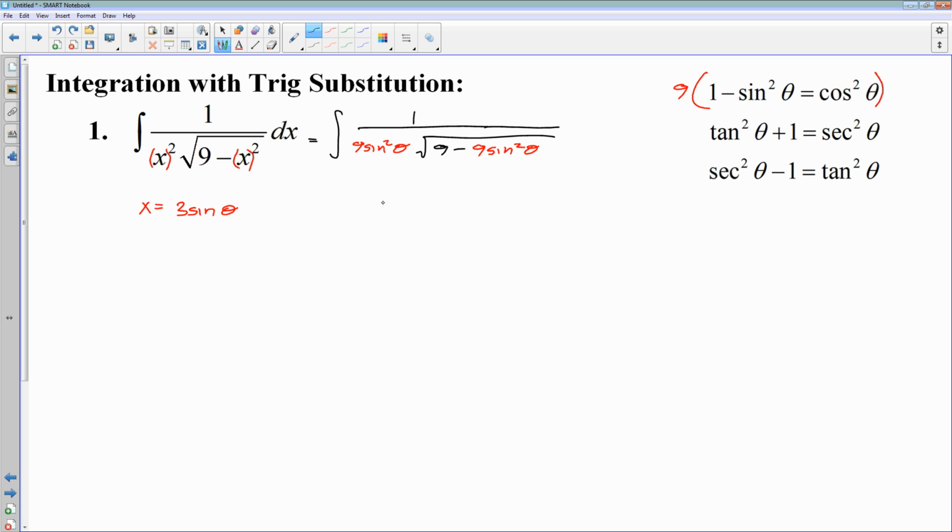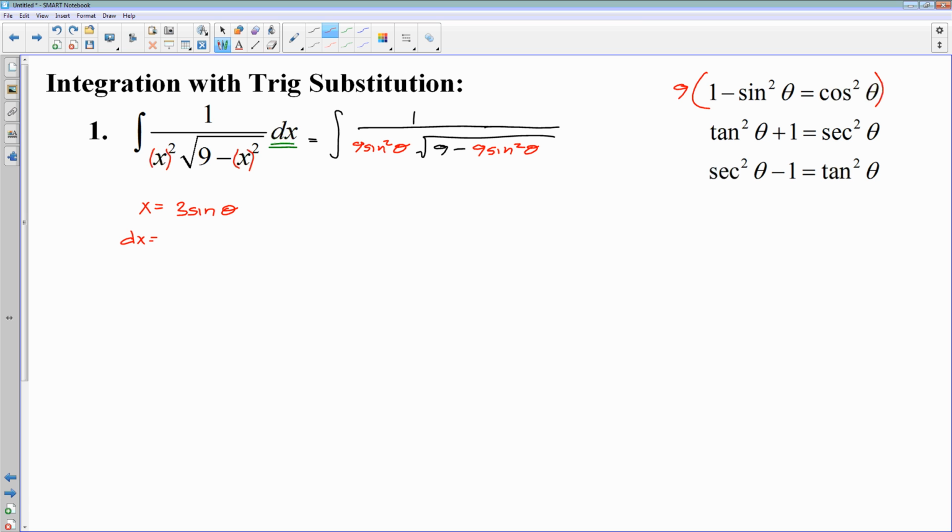But there is one other part that I haven't tackled yet, and that is the dx. You must substitute for dx also. That is an x, and I now have thetas. So I have to find what dx is, and this is just like when we did u substitution. When we found u, we had to find du. Well, I have an x to substitute for dx.